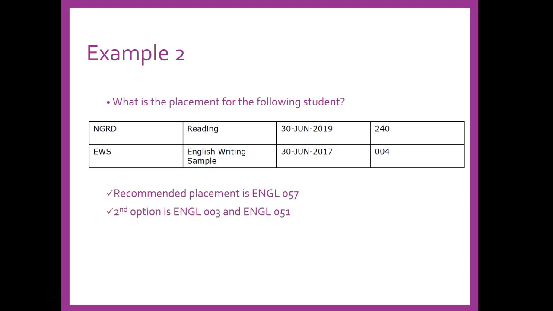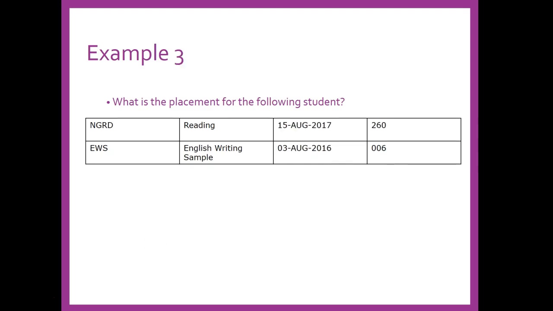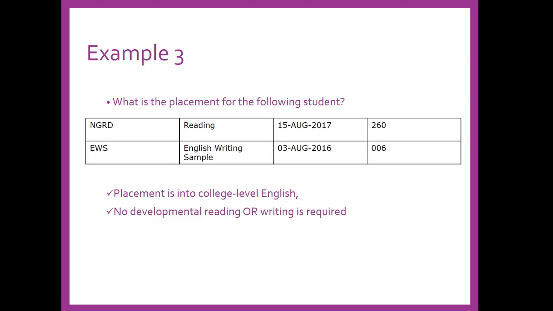So the recommended placement is English 057, or if the student would prefer to take them separately, 003 and 051. What about this student? Well, 260 is fairly high, a 6 is high, placement is in the college level English, no developmental reading or writing is required.